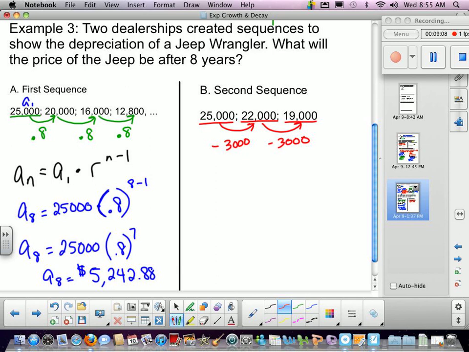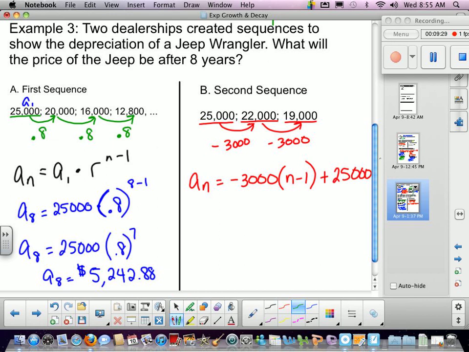The starting value is 25,000. In order to figure this out, I'm going to do a sub n is equal to negative 3,000 times n minus 1 plus 25,000.